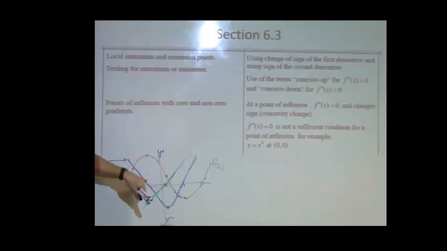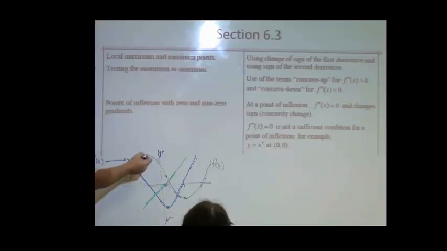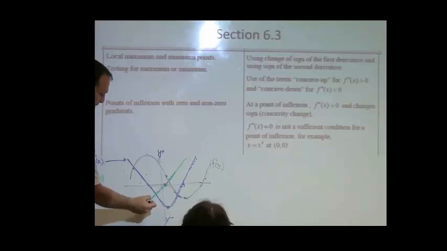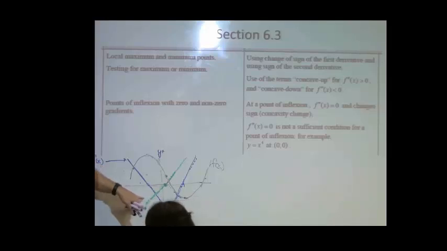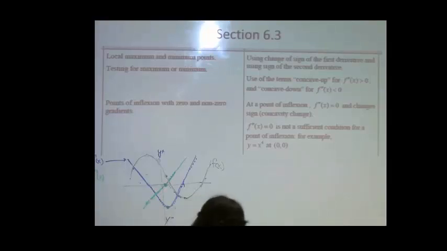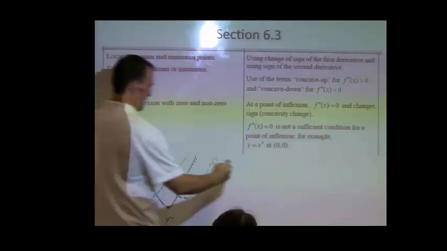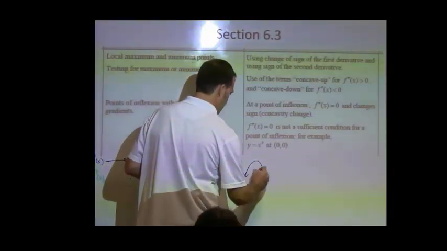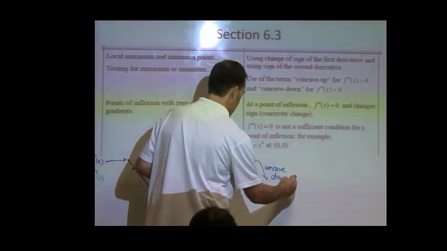Well, I can skip the first derivative and go to the second derivative, because what it's saying is the second derivative at this point is negative, which means my graph is concave down. Sorry, I shouldn't have said up.